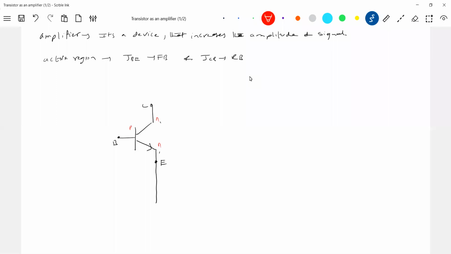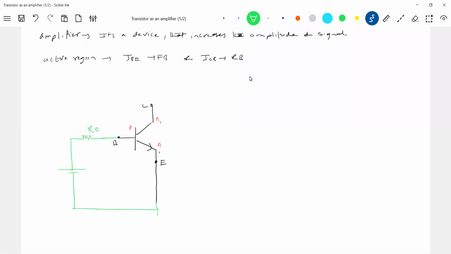Then the base-emitter should be forward biased. To forward bias, what all do I need? So I'm going to construct the circuit: a battery, RB, then a cell.